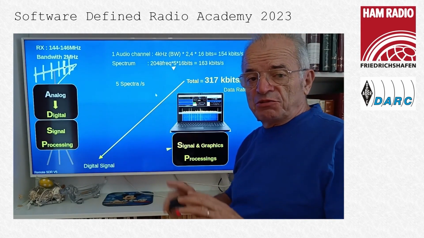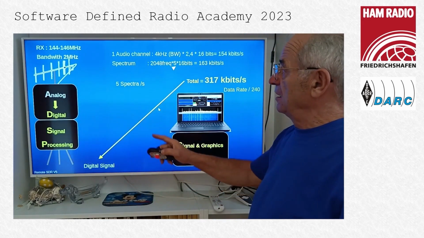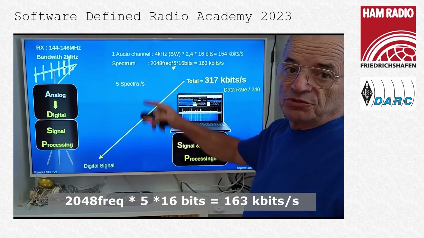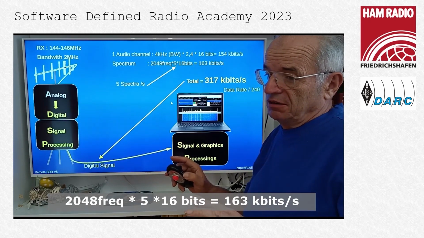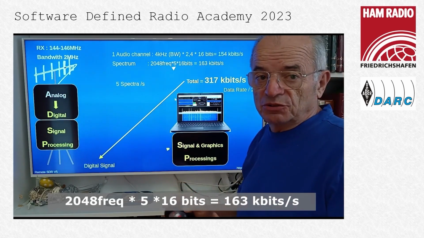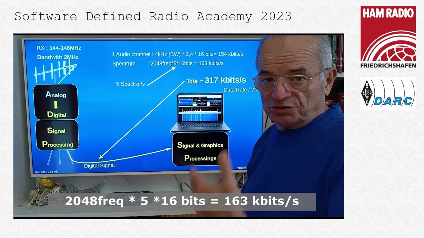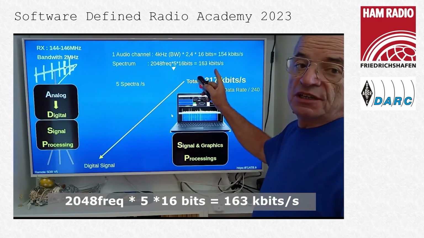On the spectrum side, if you want the complete spectrum of the 2 MHz band, on, for example, 2048 samples, we implement only 5 samples per second, which is quite sufficient for the display. And we arrive at 163 kilobits per second.